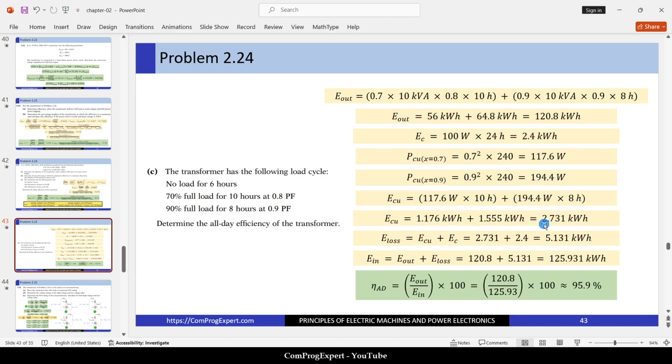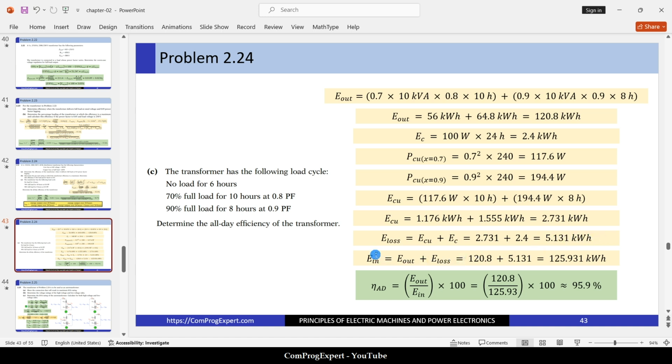The summation is equal to 2.7 kilowatt hours. So the total energy loss is the energy loss for the copper and the core, that is equal to 5.1 kilowatt hours.